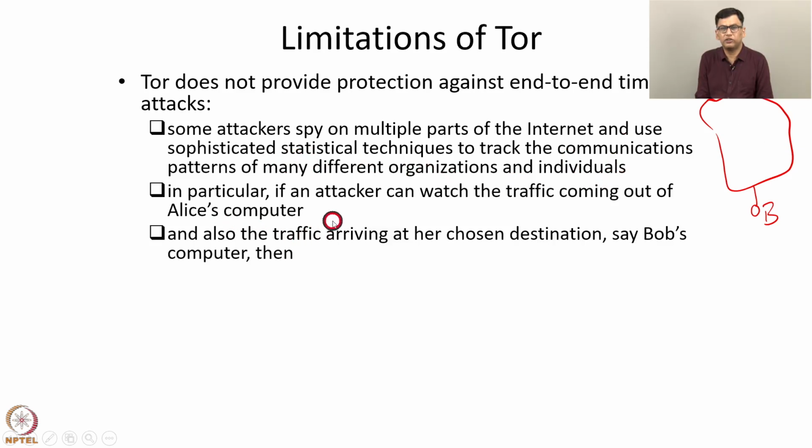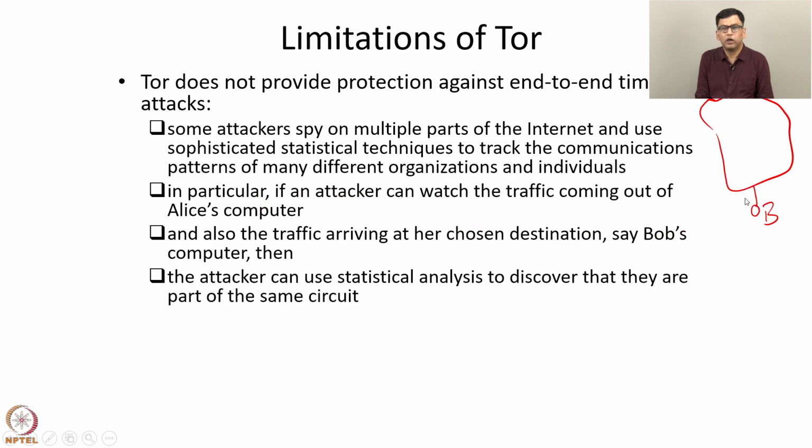The attacker also watches the traffic arriving at her chosen destination, say Bob's computer. So the attacker also monitors the traffic that is flowing on this connection between the internet and Bob. Then the attacker can use statistical analysis to discover that they are parts of the same circuit.